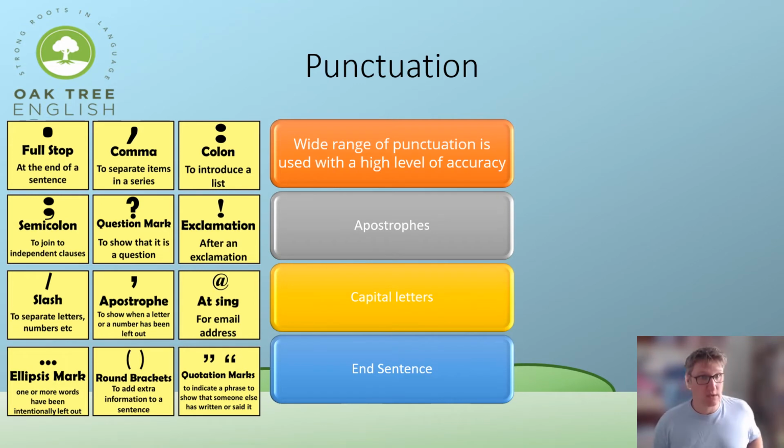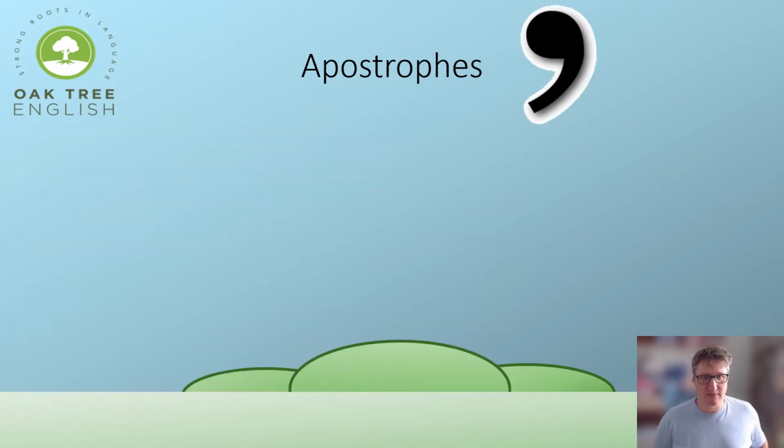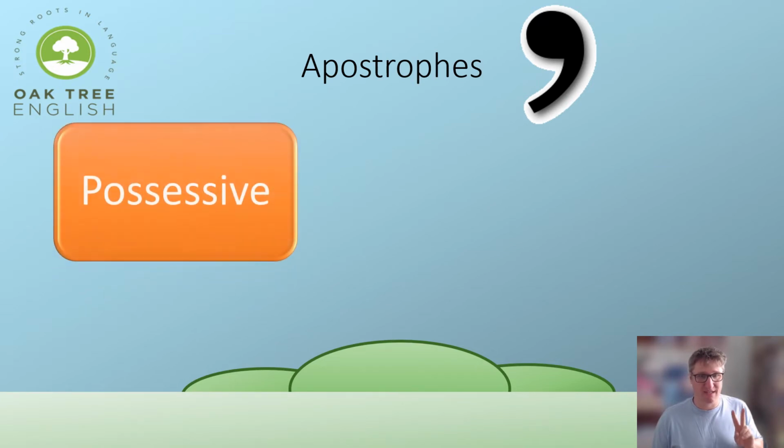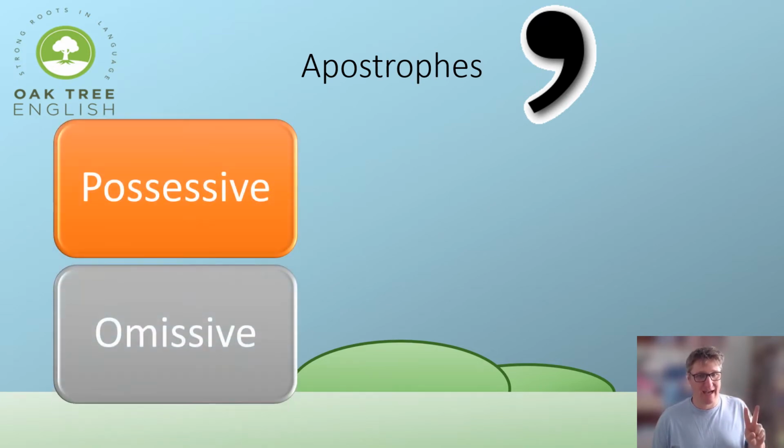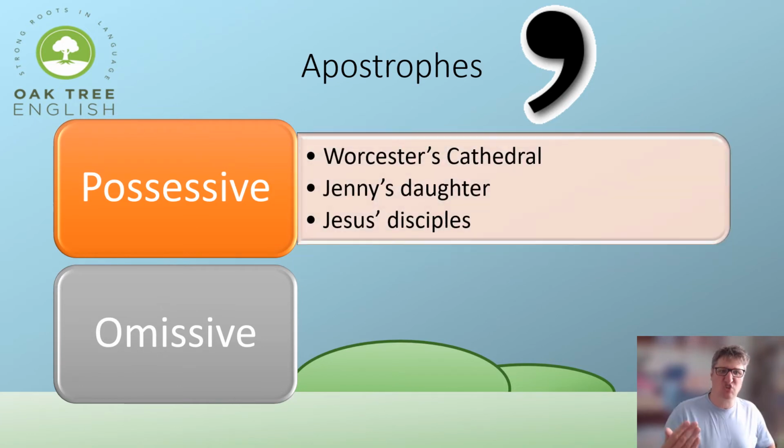Okay? Should we talk a bit more about apostrophes? Of course we should. Apostrophes are very important. There are 2 main uses of apostrophes: possessive and omissive. So possessive is where you're showing that someone owns something else. So if I'm talking about Worcester Cathedral, the cathedral in Worcester, I might say Worcester's Cathedral, the cathedral that belongs to the city of Worcester.